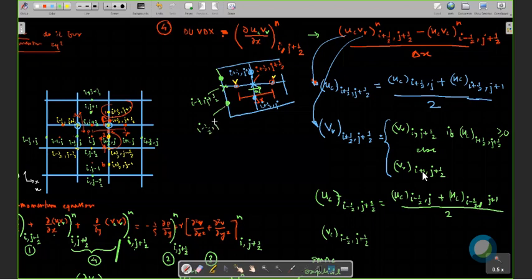So based on the value here, you have to take either this value or the previous value. So it is equal to either I minus 1, j plus half.